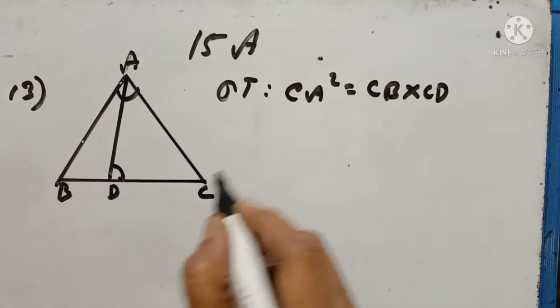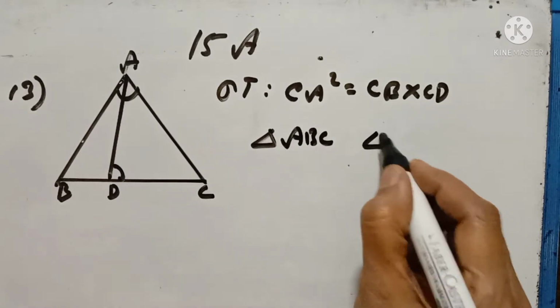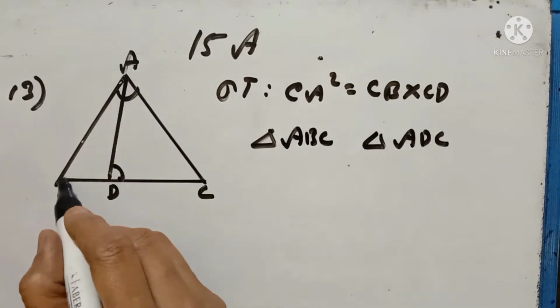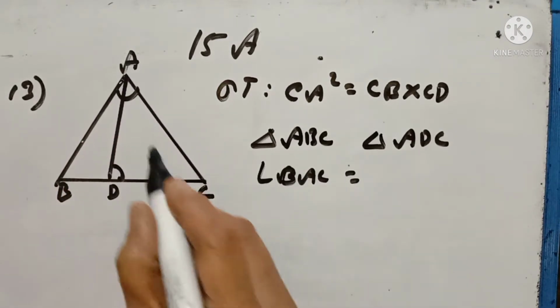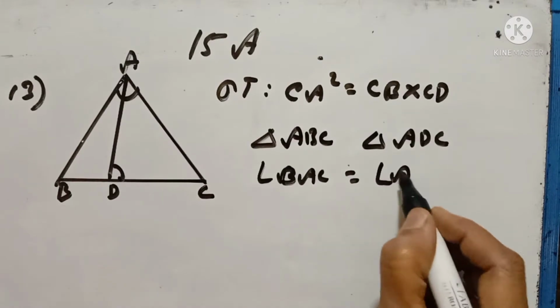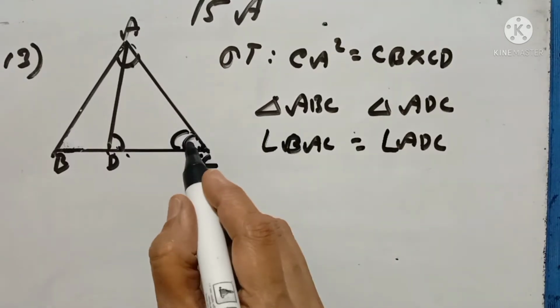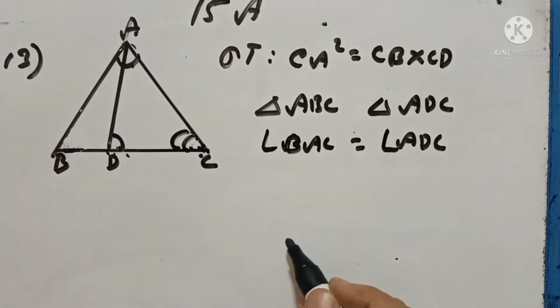Now in triangle ABC and triangle ADC, it is given that angle BAC is equal to angle ADC. Angle C is common to both the triangles ABC and ADC.